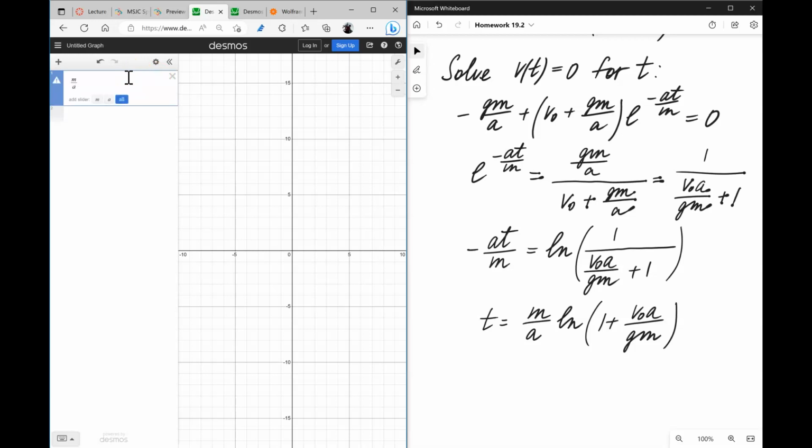Maybe A is not a good name for the air resistance coefficient because A also represents the acceleration, but it's too late to change that. So this is my formula.